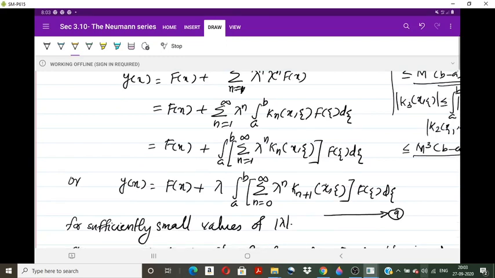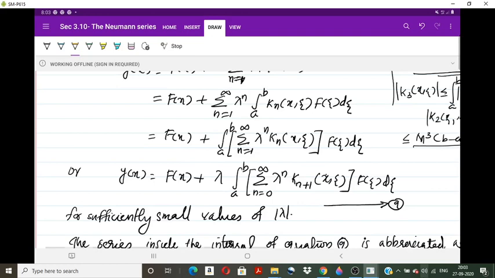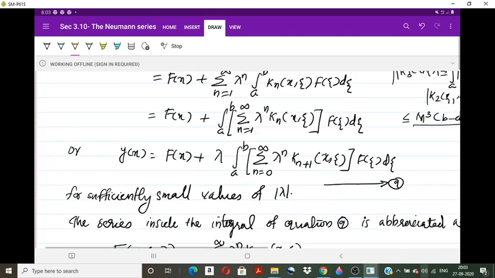So we now have formulated the solution in terms of iterated kernels, and there is a series under the integral sign. There is summation n equal to 0 to infinity lambda raised to n Kn plus 1 of x zeta. That means the series in lambda and the iterated kernels for sufficiently small values of mod lambda.